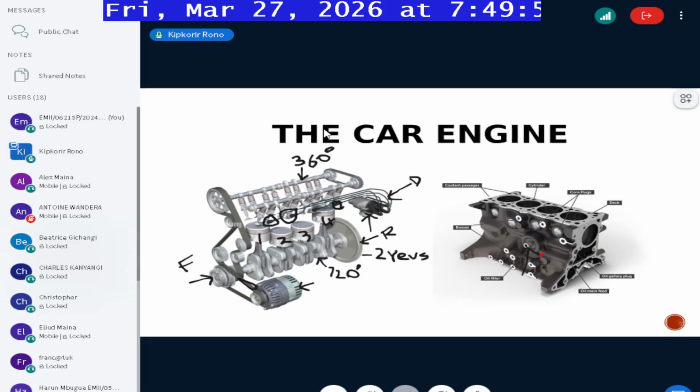There are so many. But I want you to try and figure out what kind of maintenance programs or schedules are normally followed with an internal combustion engine, especially those that are used for mobility.